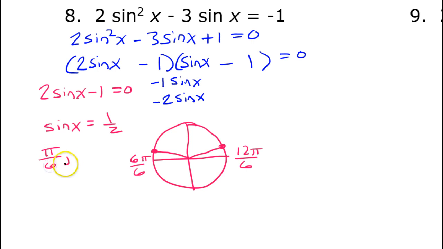So we've got pi over 6. The next one is just 1 short of 6 pi over 6. So that's 5 pi over 6. If you picture it that way, you should be able to do it in your head without drawing the picture.